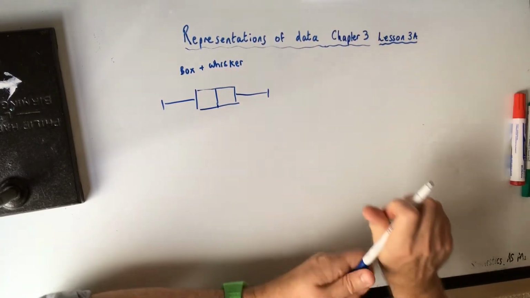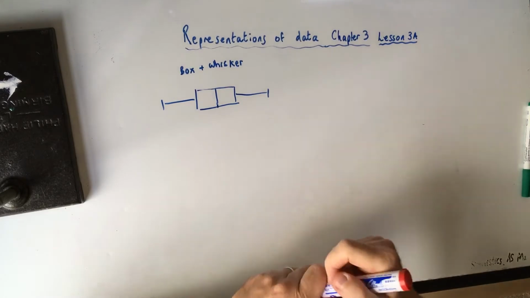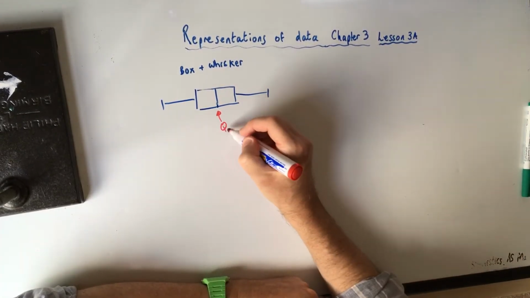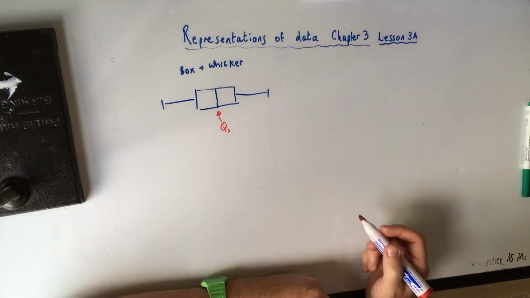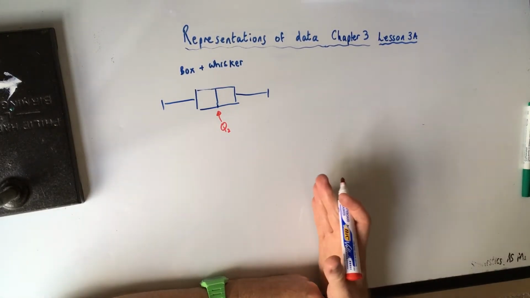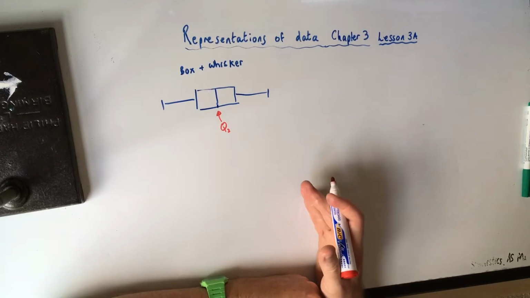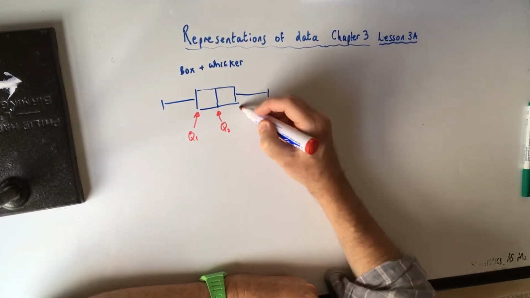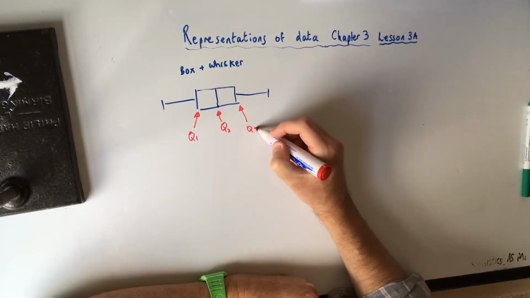So we have the position. You draw it just to represent the median. The median is always that line in the box, and Q2 is a way of describing the median because it's the middle quartile. This line here is Q1 and this line is Q3.